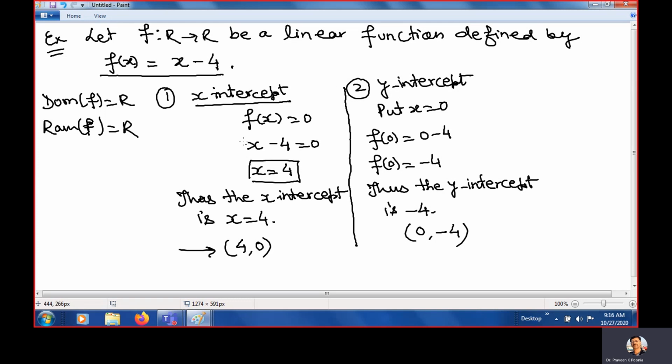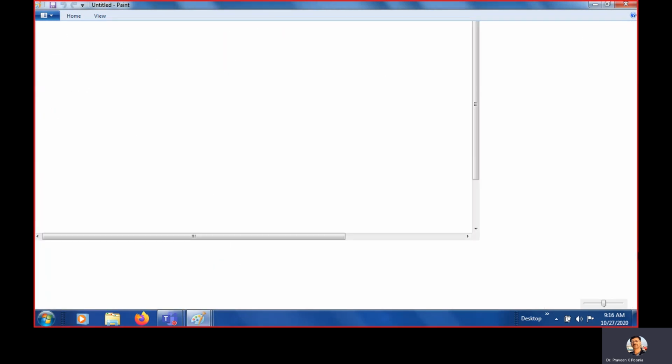Understand? So there are 2 points where it will pass: (4, 0) and (0, -4). What is the domain? R. What is the range? R. Clear? These 3 or 4 things are generally asked in this question.